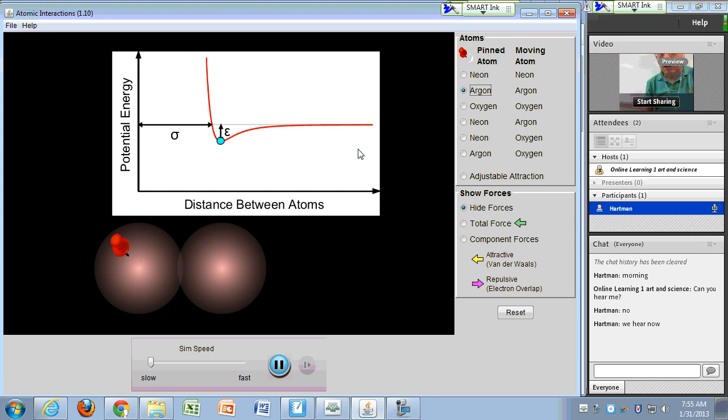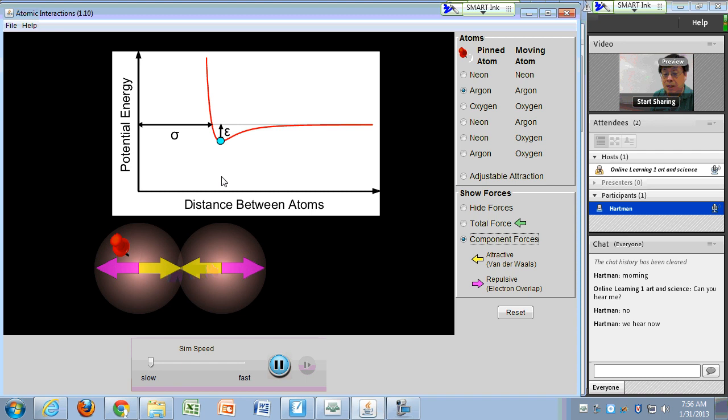All right. So let me move these two atoms around. You've got these two atoms down here. Look at what happens to the forces. I'm going to show you the forces. At their current distance, the potential energy is given by this dot right here, this blue or green dot.